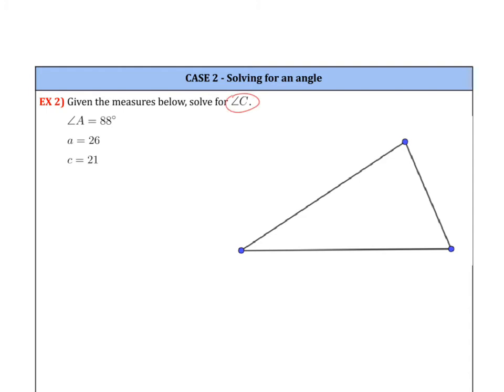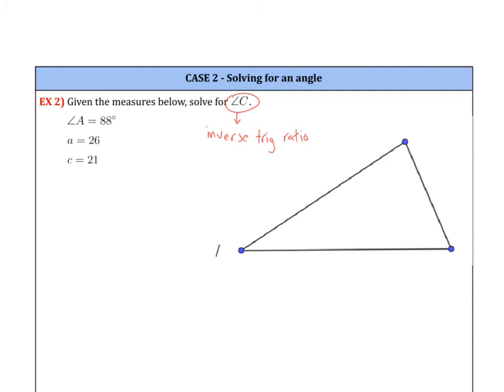So because we are solving for an angle here, and because we are technically using sine, at some point during the solving, we're going to have to use the inverse trig ratio. Okay, so I'm going to write it there as a reminder to myself that the setup might be the same, some of the steps might be the same, but there is going to be a step where I will need to take the inverse trig on both sides of the equation.